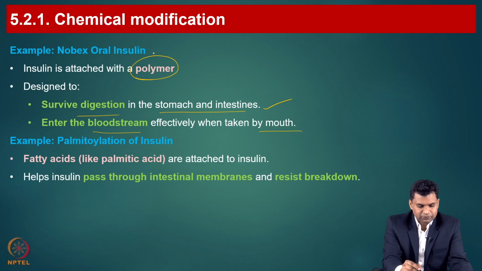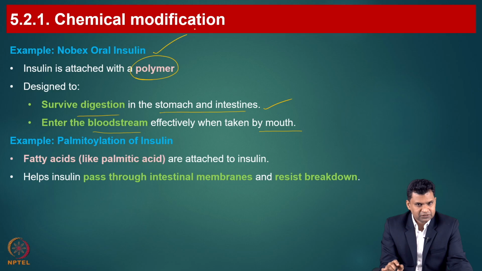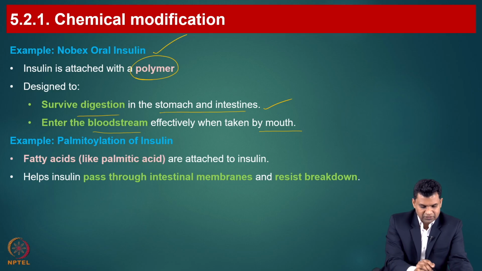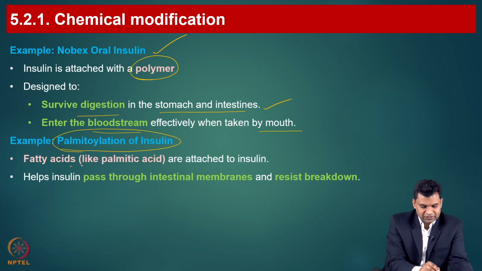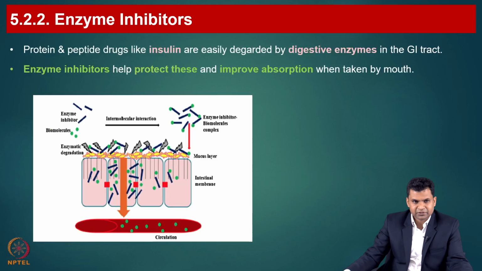This is one example, Nobex oral insulin. By using this we can modify it and use it for oral delivery. And hydrophobization is nothing but adding palmitoyl groups to the insulin, which will increase the hydrophobicity and help the permeability.